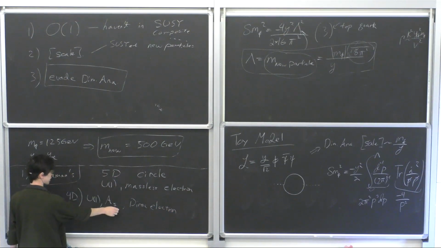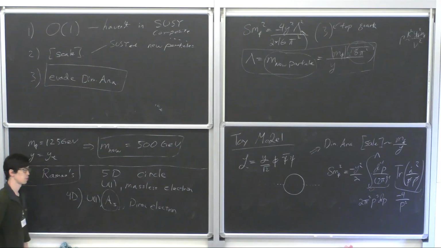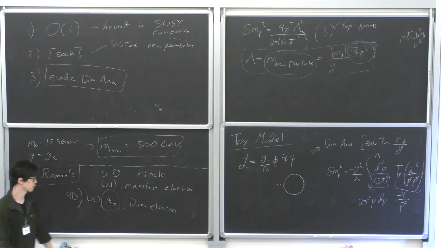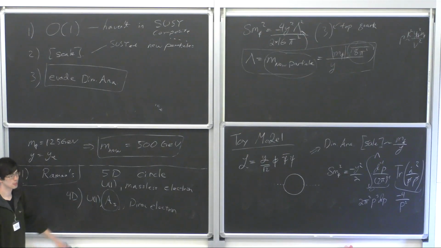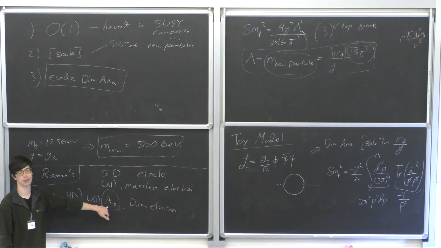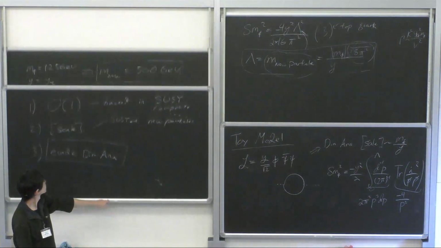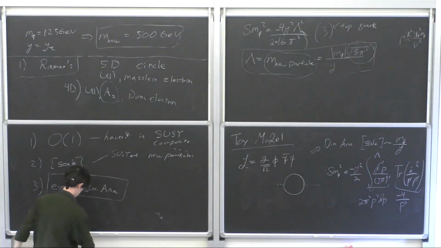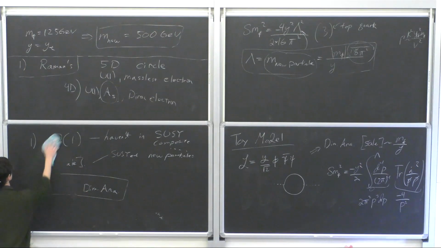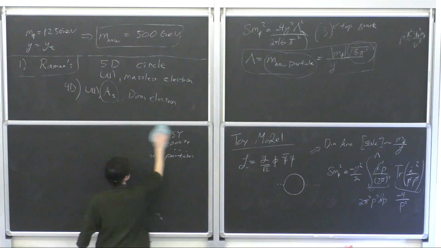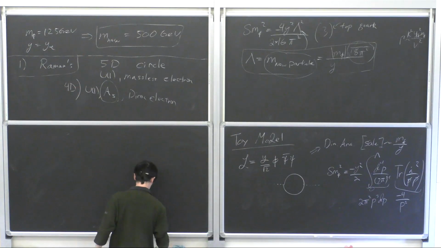We're going to be interested in this guy. People understand the mass of fermions. People understand the mass of gauge bosons. Here's the mass of a 4D scalar that we're going to care about.